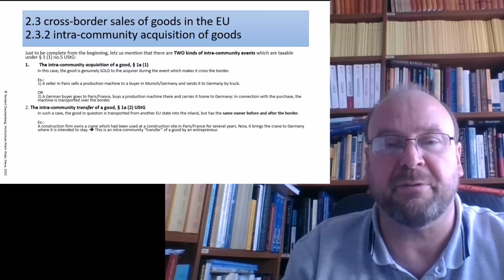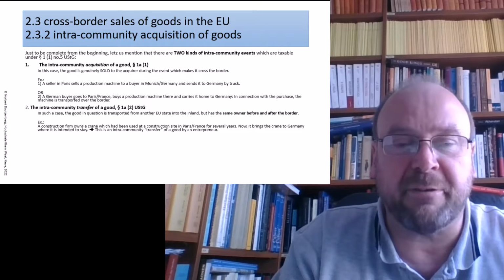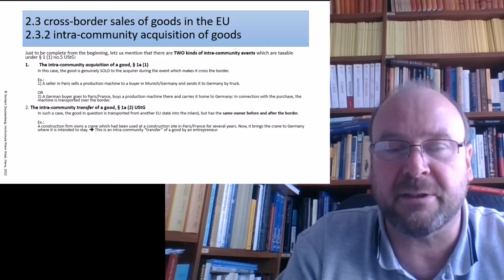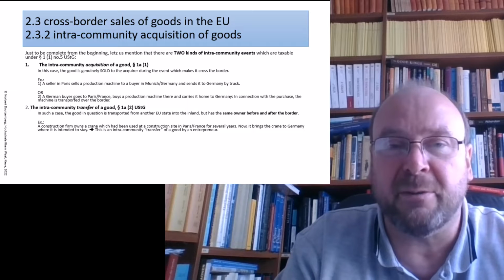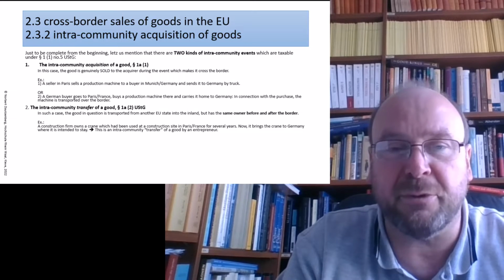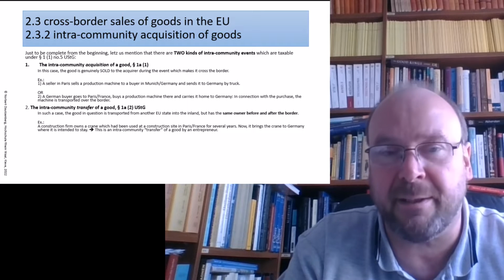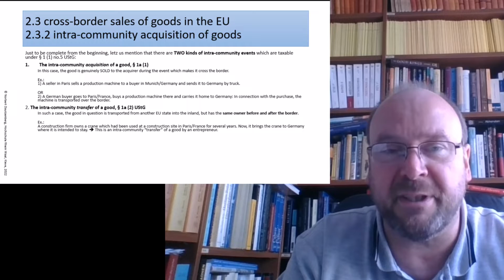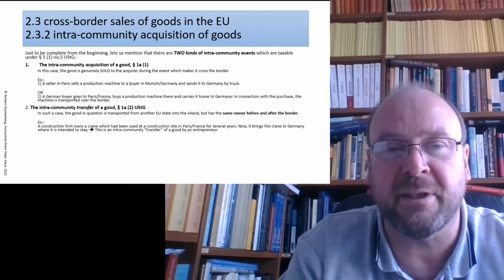It belongs to you before and after crossing the border. However, from the idea that the inter-community tax should replace as far as possible what an importation VAT would do, you are now called up to declare the transport of the crane from France into Germany also as a fictitious inter-community acquisition.